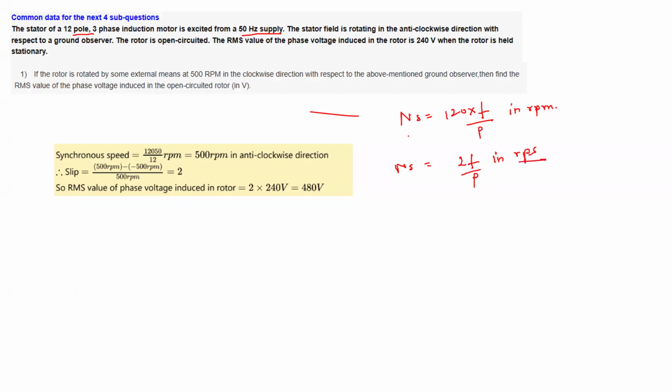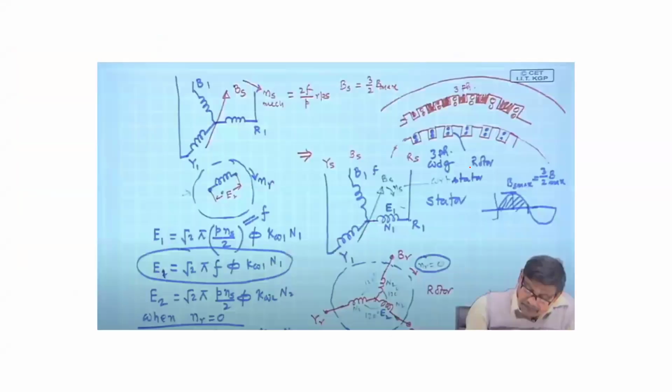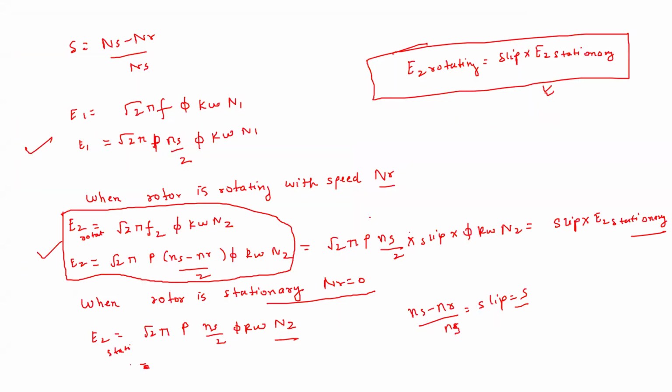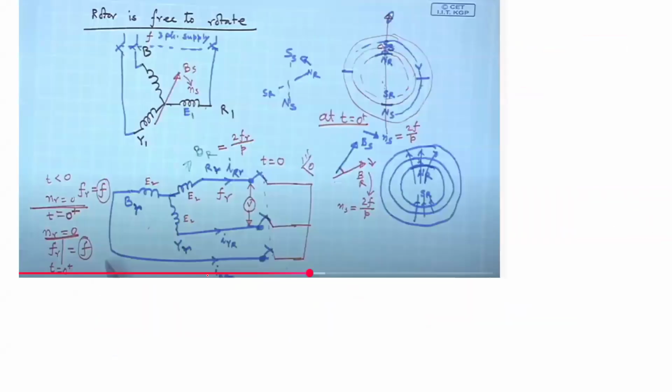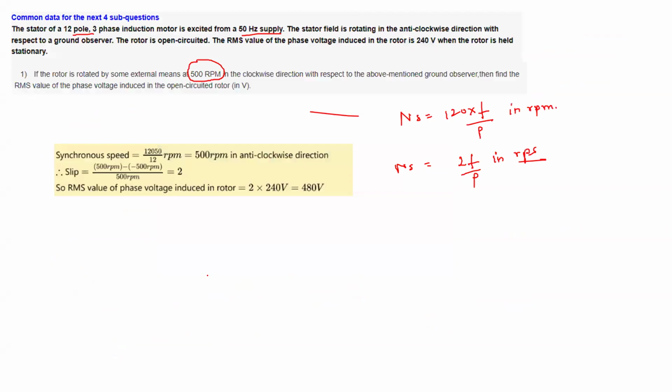We will just take RPM because in the question the information is generally given in RPM. But we took RPS because we can easily substitute in these expressions ns and nr in RPS, since instead of 2 there will be 120, a big number. It is still valid for RPM also.